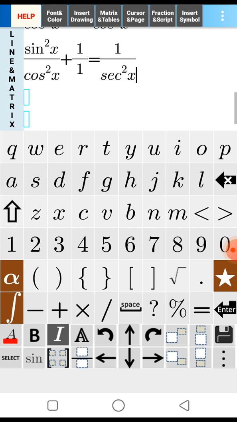As you can see, the lowest common multiple on the left hand side of this equation is going to be cosine square x.